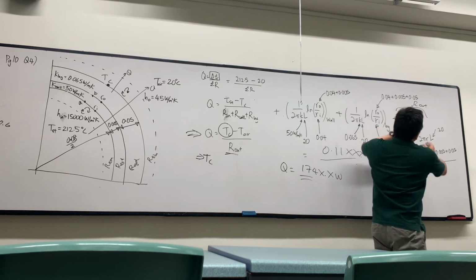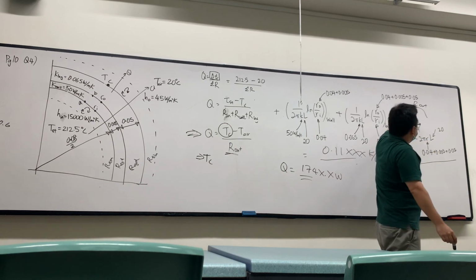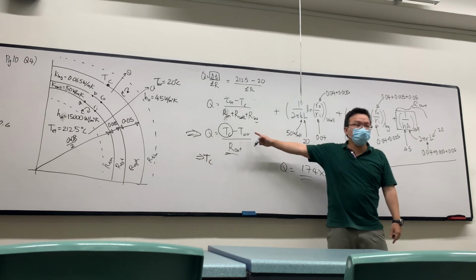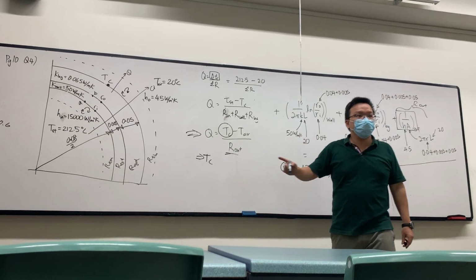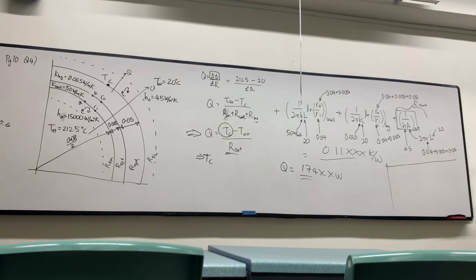Is this the value you calculated on your computer for this line? Is this the value you can put here, like 1.6?